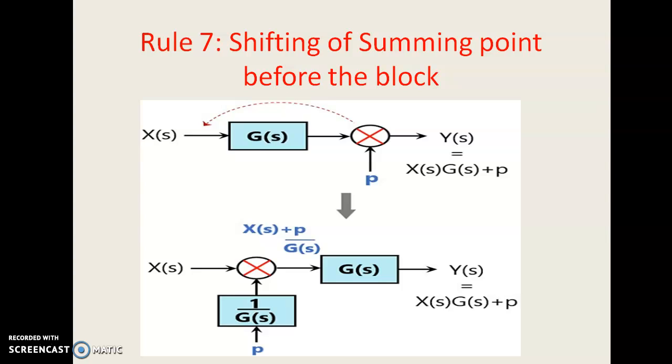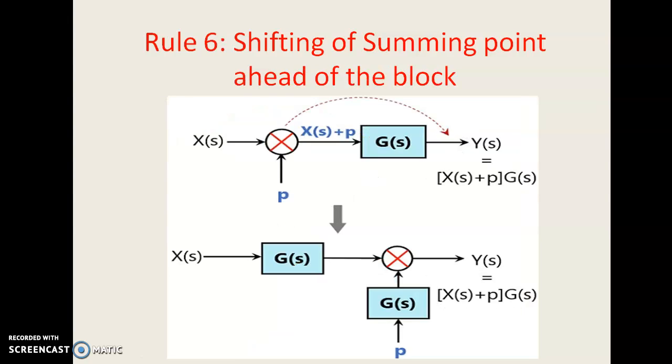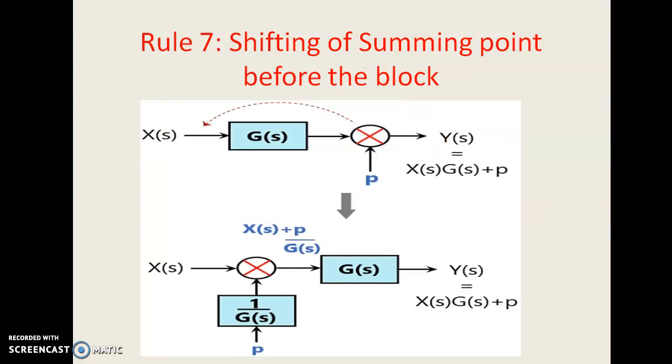And shifting of summing point ahead of the block and shifting of takeoff point behind the block, in that case we are taking G(s) as it is in that path.